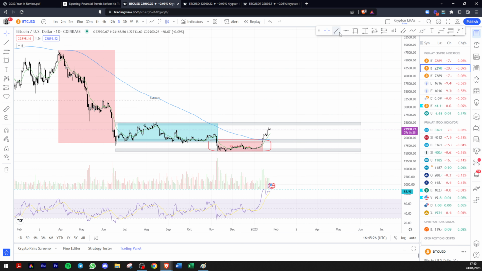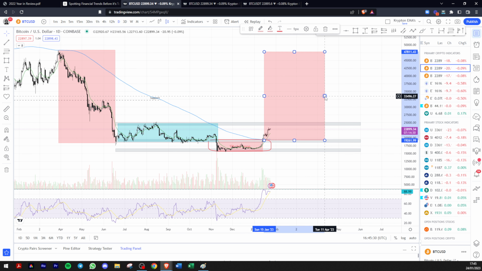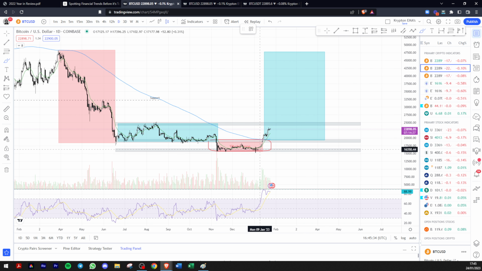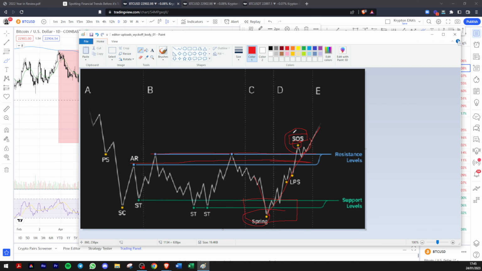Now, arguably, we'll draw this one out. Arguably, we have seen in this red box the spring, and now we can see the signs of strength by the breaking of these highs and these highs. Although, as you can see in Wyckoff, the automatic reaction highs is one thing, the general highs of the range of accumulation that has formed is another.